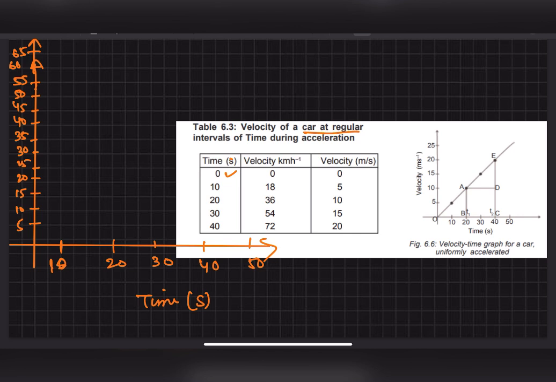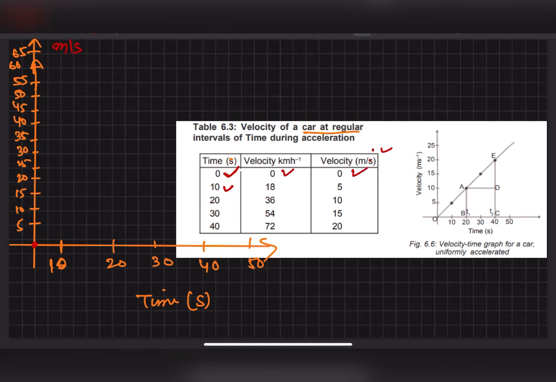Now I need to draw a graph. Time is 0 second, and velocity also 0. Time is 10. Velocity, let me take in meter per second. Fine, we take meter per second.